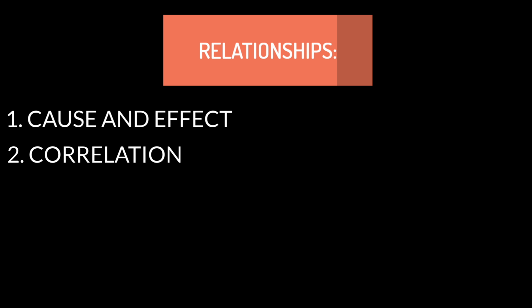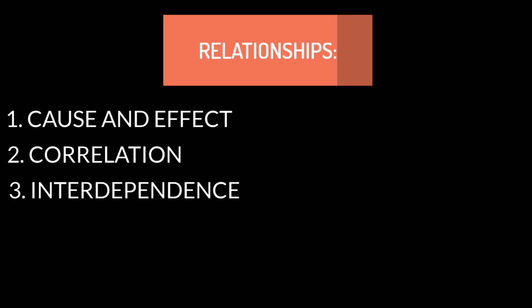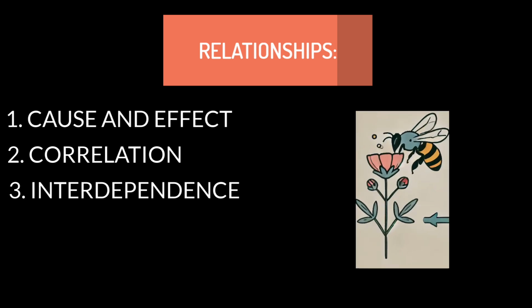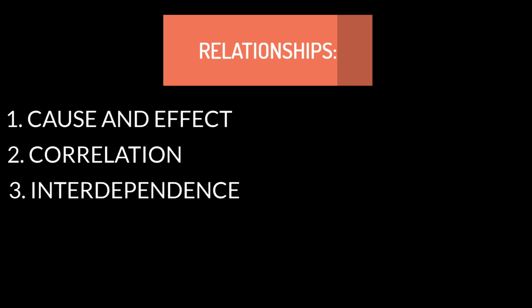Another relationship is interdependence. This is when two or more things rely on each other to function or succeed. So you may have heard before that plants and bees have an interdependent relationship. In other words, the plants depend on bees for pollination, and bees need plants for nectar. Another relationship is called dependence, and this is when one element depends on another.